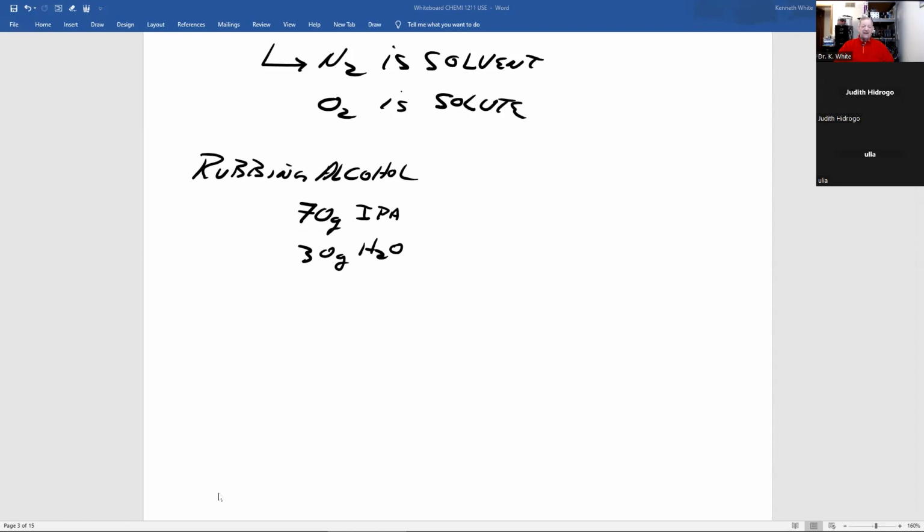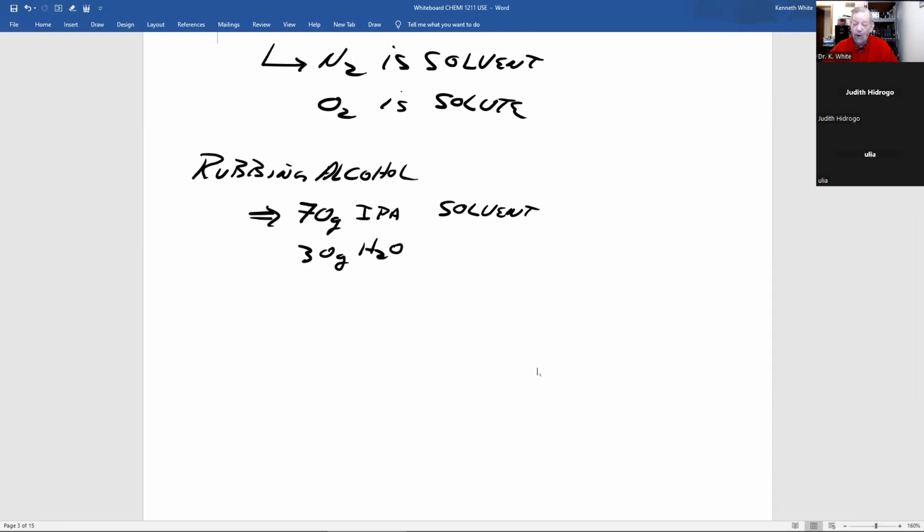Somebody already got it right. Again, everybody's done. And which of these is present in the greatest amount? The answer is isopropyl alcohol, abbreviated IPA, and that's the solvent.